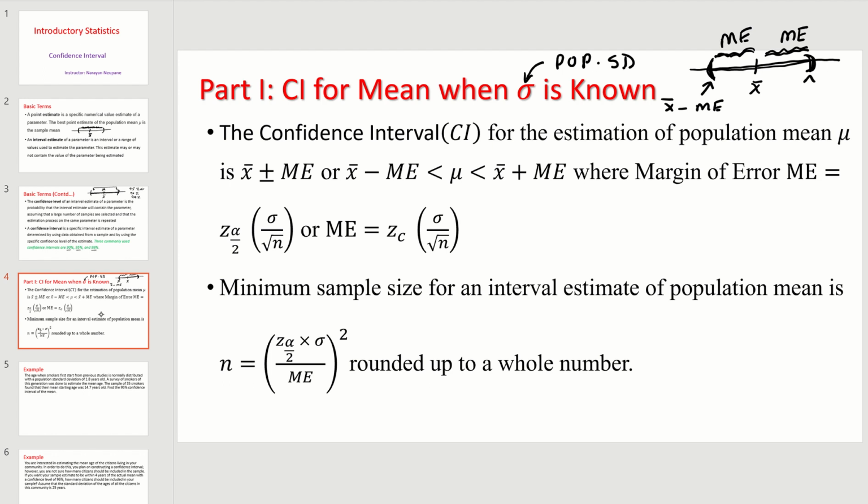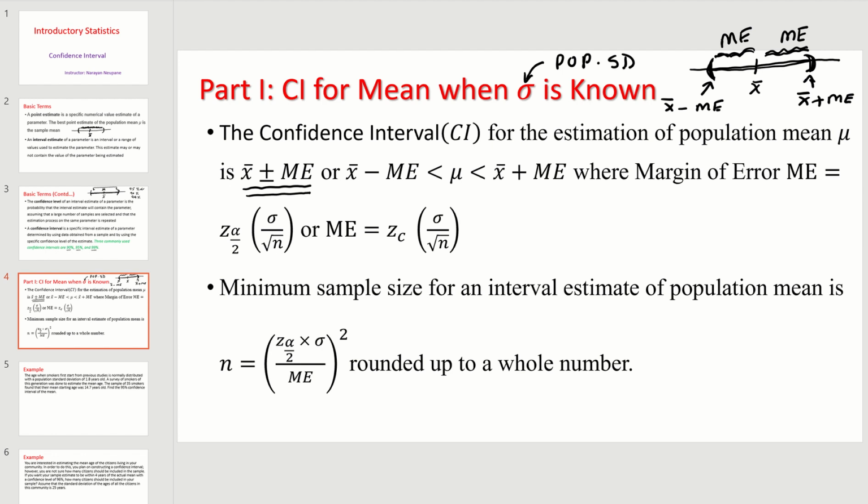And if I want to find the upper bound, it will be point estimate plus margin of error. So the confidence interval for the estimation of population mean is the point estimate plus or minus margin of error.